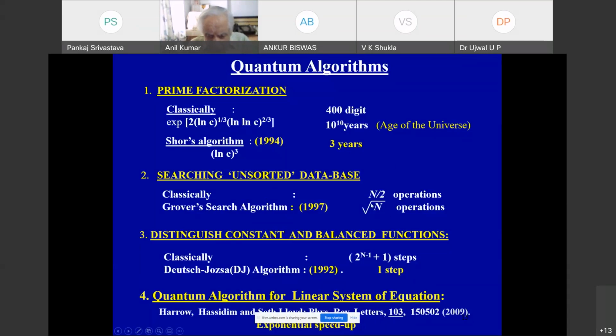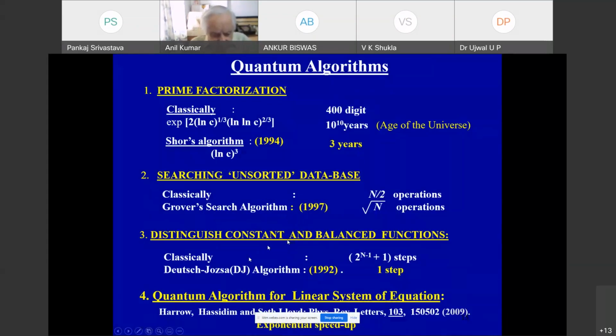So in general, it needs about n by 2 operations, which is a very large number. Grover, a graduate of IIT Delhi, while working in Bell Labs, gave a quantum search algorithm, which takes only root n operations. And see, if n is a million, then root n is only 1,000. So this is also a very useful algorithm.